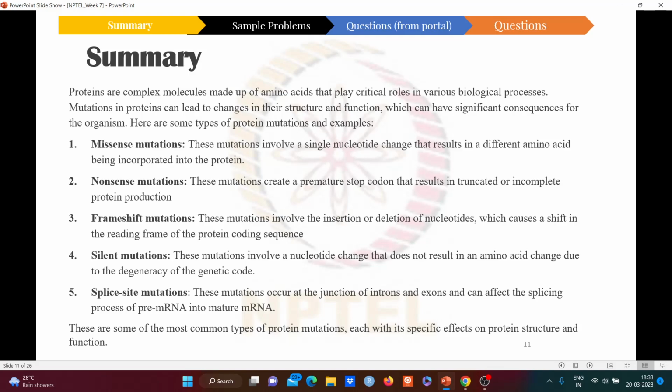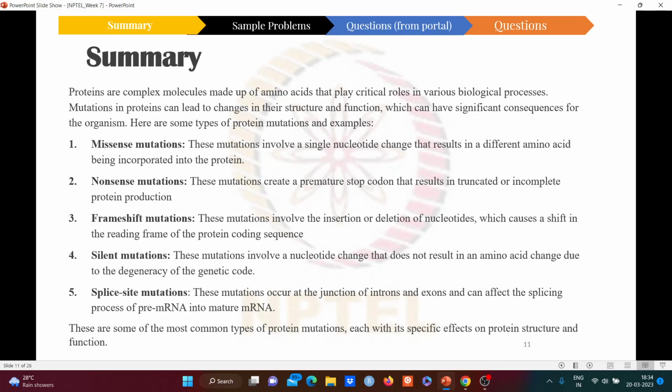Next are the silent mutations. These mutations involve a nucleotide change but do not involve an amino acid change, due to degeneracy of the genetic code. So what is meant by degeneracy? When we observe a codon table, a set of 3 codons, or 4 codons, or 2 codons code for a similar amino acid.